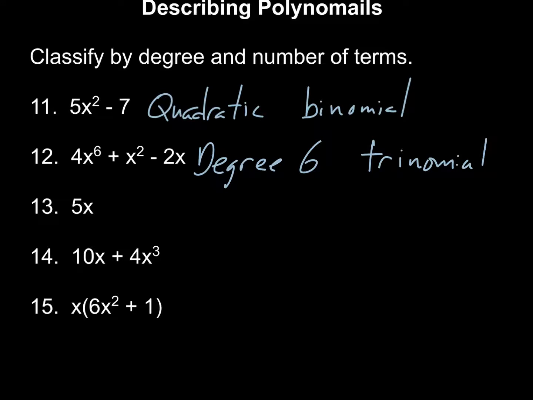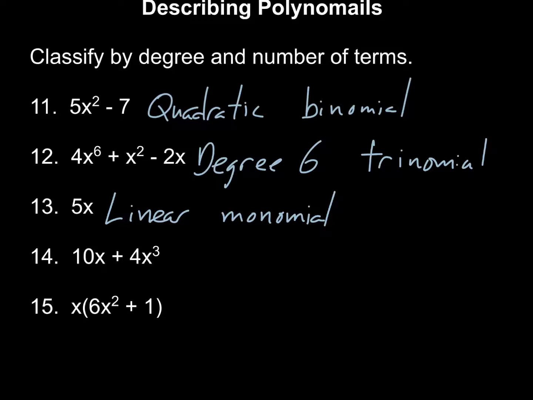Okay, number 13. What's the degree of our polynomial? If we just have an x, remember that is x to the power of 1. So it is degree 1, which is described as linear. And there's 1 term here. If there's 1 term, that means it is a monomial. So that is described as a linear monomial.